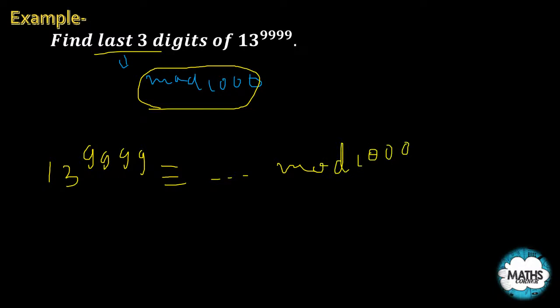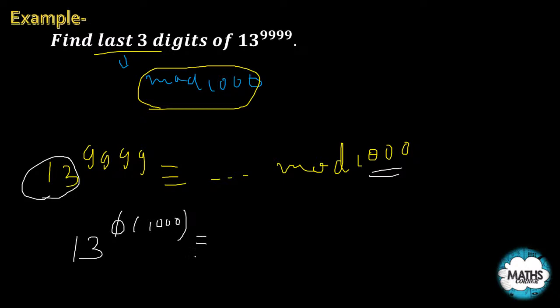Now I will start this question with the Euler Totient function. As GCD of 13 and 1000 is 1, I can write down that 13 to the power phi of 1000 should be congruent to 1 mod 1000. This is my Euler theorem.